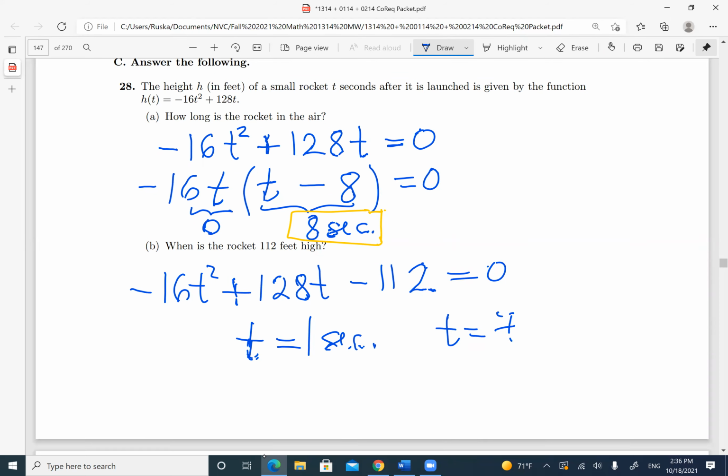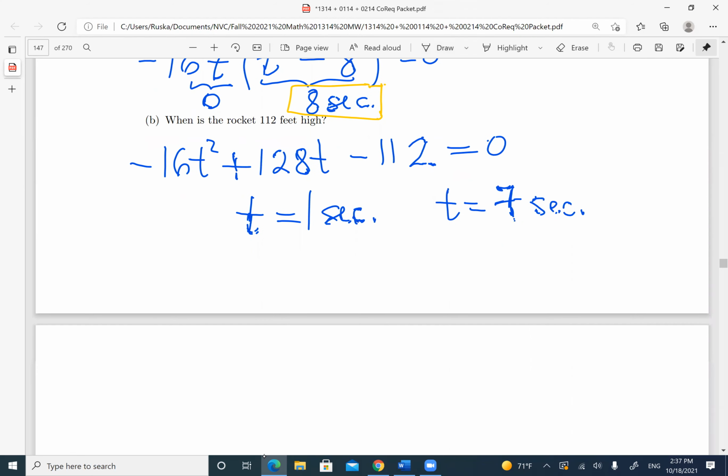Okay, any questions? Or you can solve this using the quadratic formula also. We did quadratic formula last time. Any questions? Okay, so that's how you do number 28.